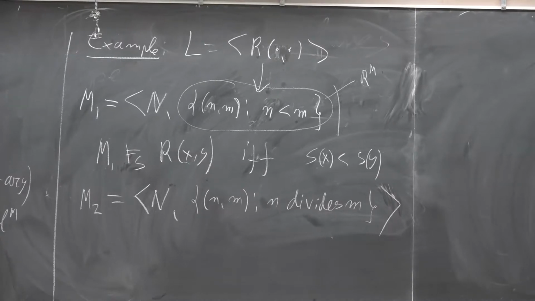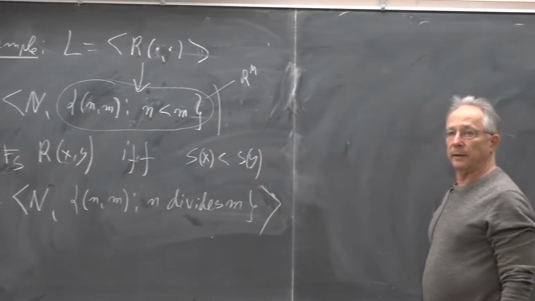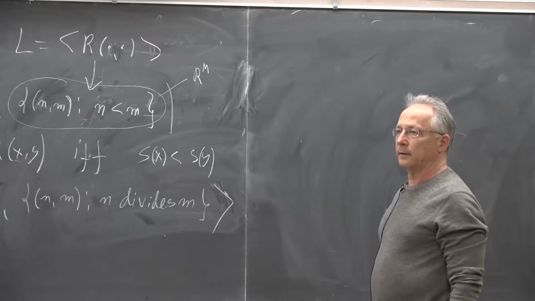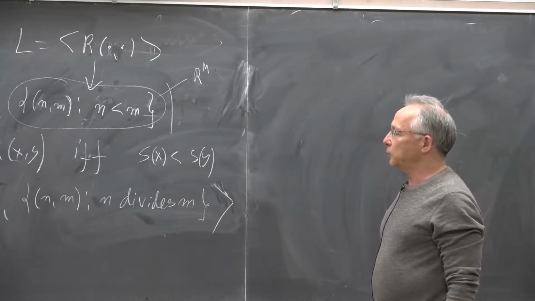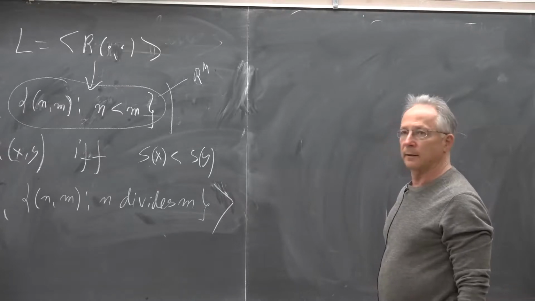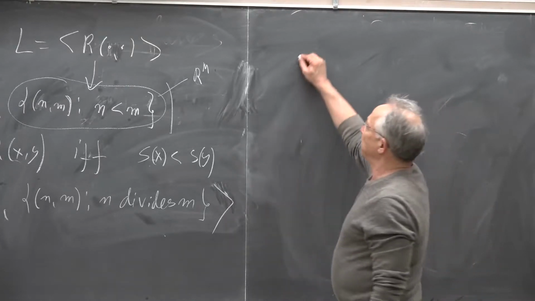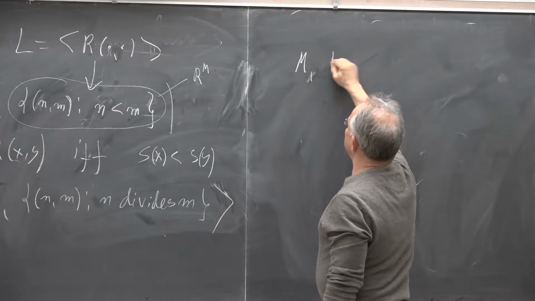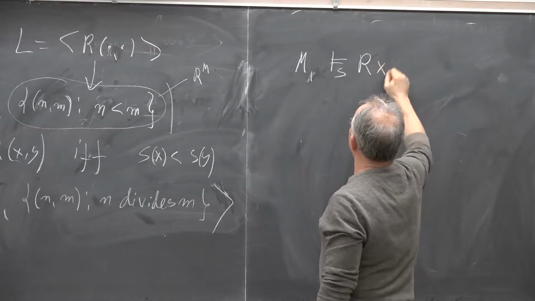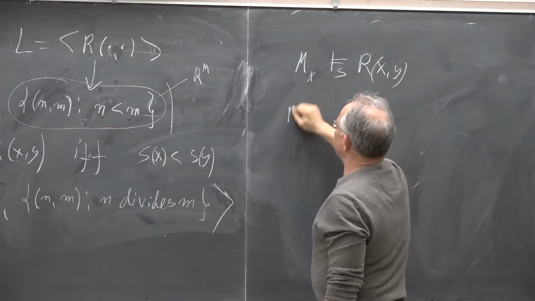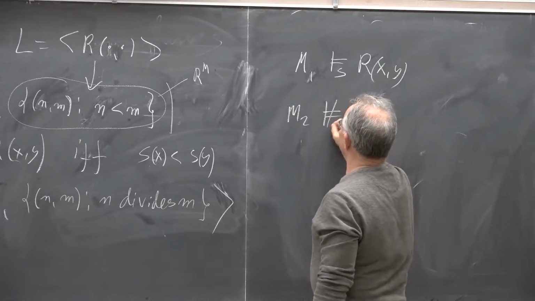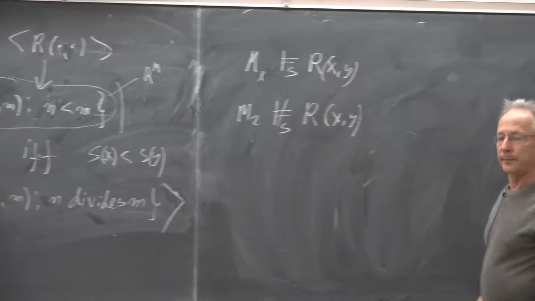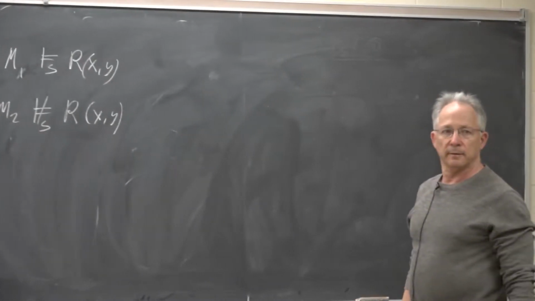So can you show me an assignment S under which M1 satisfies the formula R(x, y), and M2 does not satisfy R(x, y) under S? Can you show me such an S?